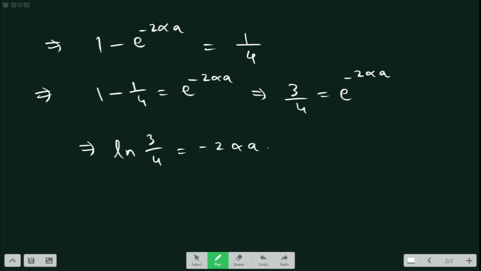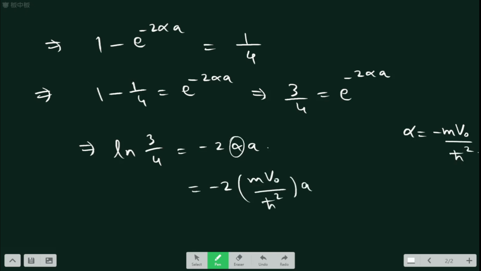Now let us substitute the value of alpha. Alpha is equal to minus m v naught upon h bar squared. So if you put this here, then we will get minus 2 times m v naught upon h bar squared times a, equal to ln of 3 by 4.